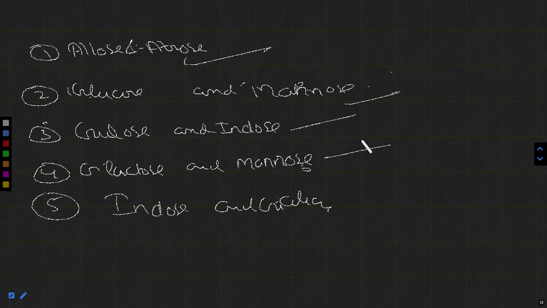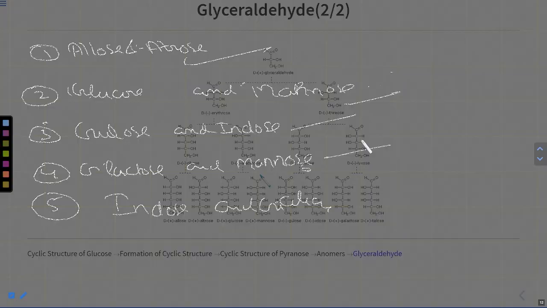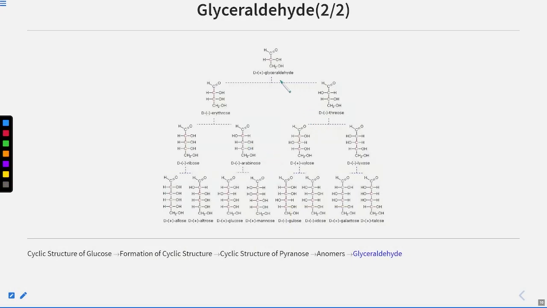Got it? Now next I will give you again the chart that we saw yesterday, so that you can get a clearer picture of what I told you right now. So here is a slide that we saw yesterday. If I consider the osazone formation, ribose and arabinose will give the same osazone, because the osazone formation involves this carbon and this carbon. Similarly, xylose and lyxose will have the same.